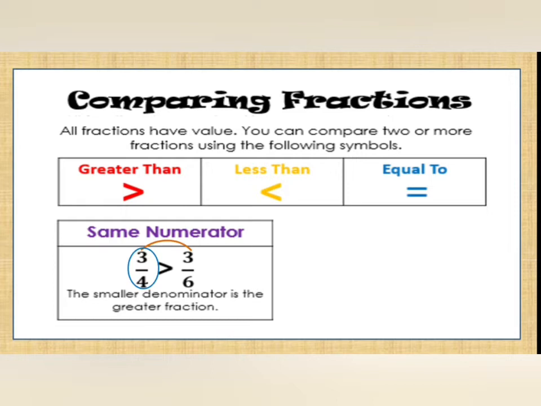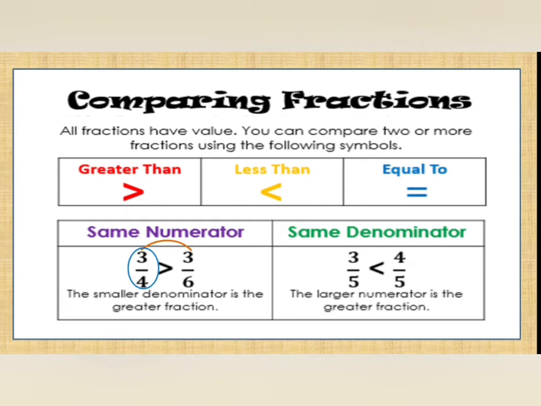And the second rule, when the fractions having same denominators, then the largest numerator is the greatest fraction. See here, the denominators are same. So we have to compare the numerators. Here 4 is greater.